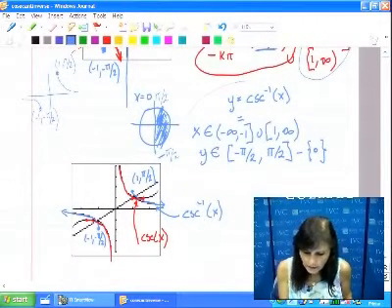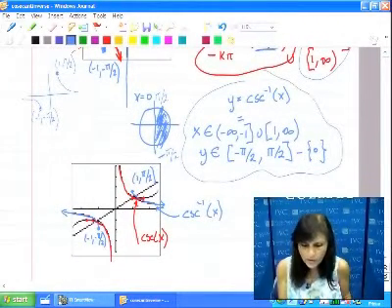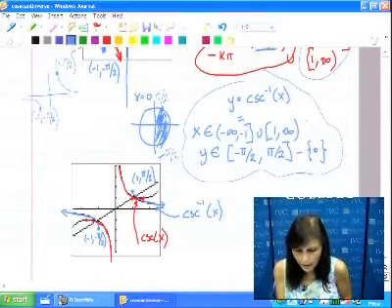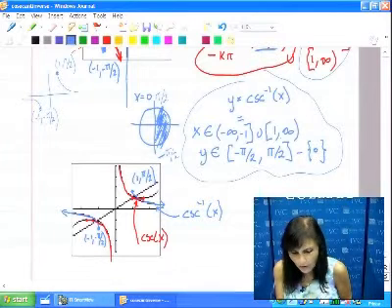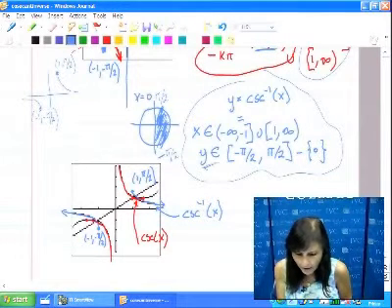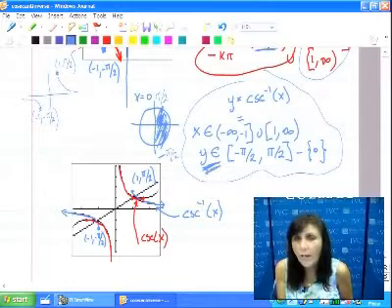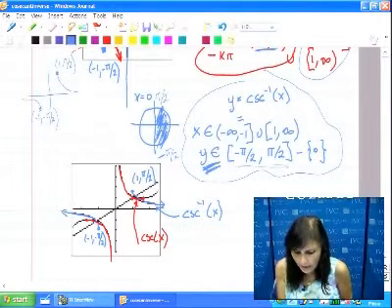Alright, so let's get started. So when I take the cosecant inverse of x, my x has to belong to negative infinity to negative 1 and 1 to infinity. And the angle that you get out as output has to be in this region.